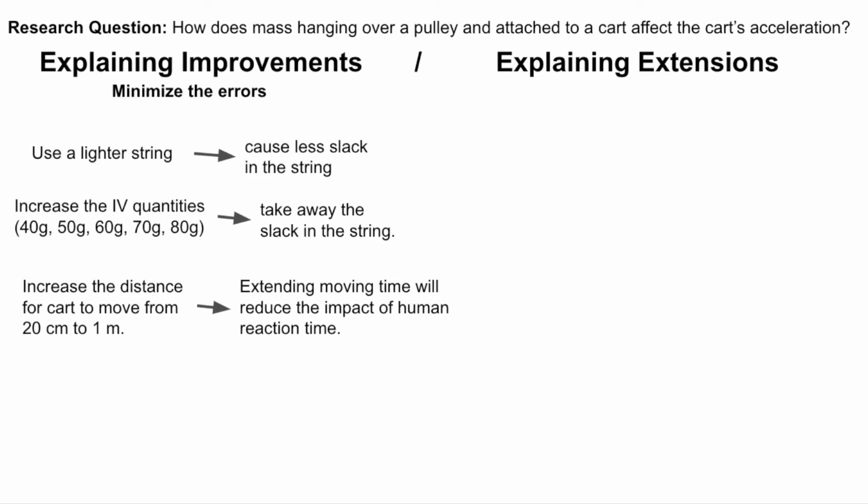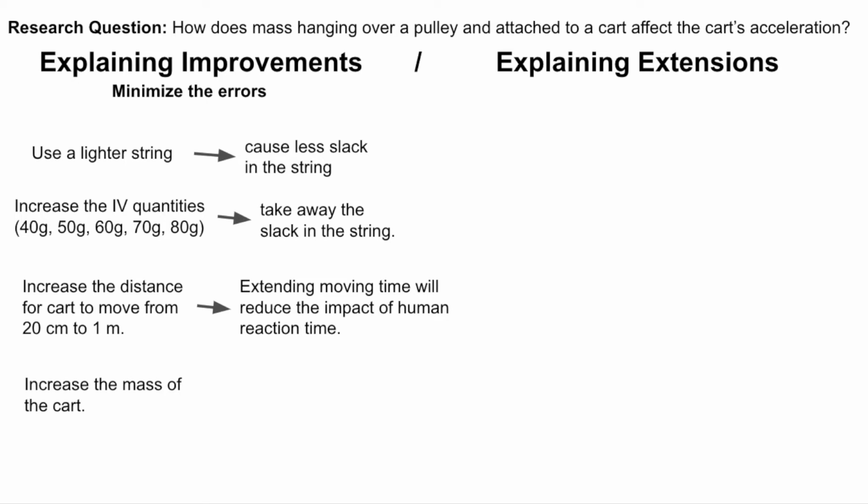Because the longer the period of time that you measure, even though there is still some human reaction time involved, the human reaction time is a smaller fraction of the total time that the cart was moving. So it'll still be there, but it'll be less significant than it was before. Another way we could deal with the issue of the cart moving too fast is to increase the mass of the cart.